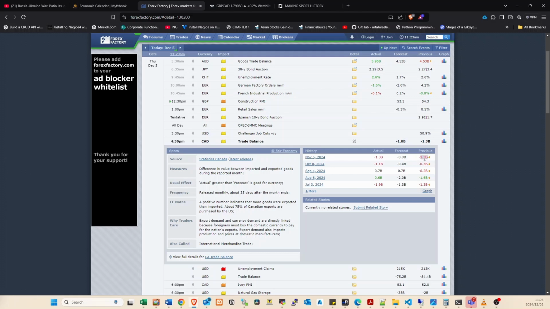We came from negative 1.5, so we are anticipating a slight increase. We've been hitting low levels for some time. The last time we were on target with the forecast was in September. Previously also, when we got numbers in August, they were lower numbers.